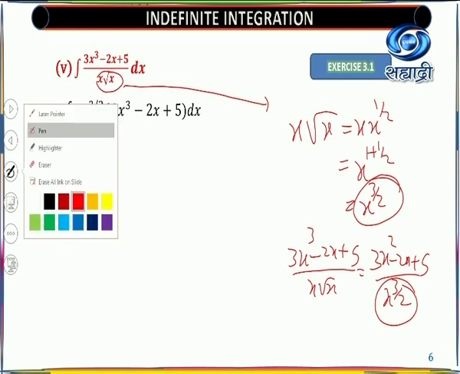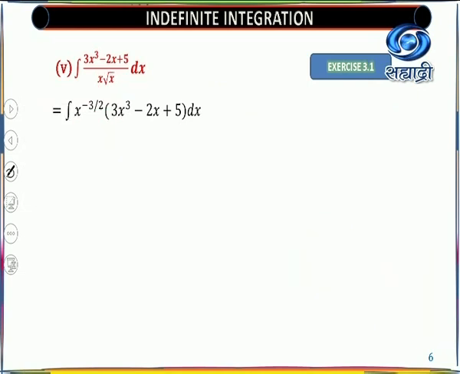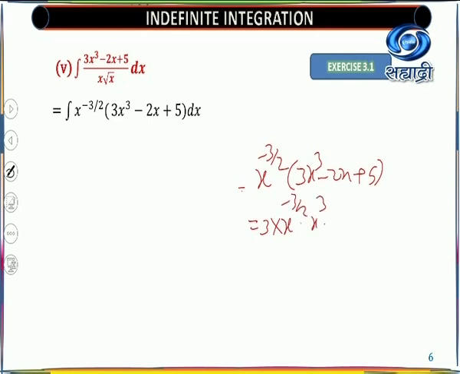Since it's an integration, you multiply x raised to minus 3 by 2 with each term: 3 into x raised to minus 3 by 2 into x cube, minus 2 into x raised to minus 3 by 2 into x, plus 5 into x raised to minus 3 by 2. Now we need to simplify this.